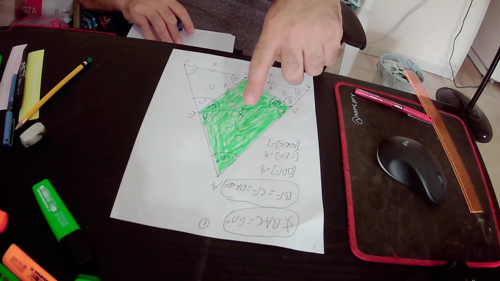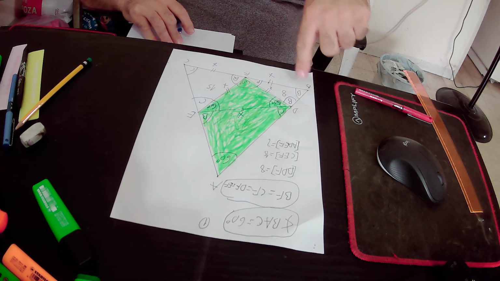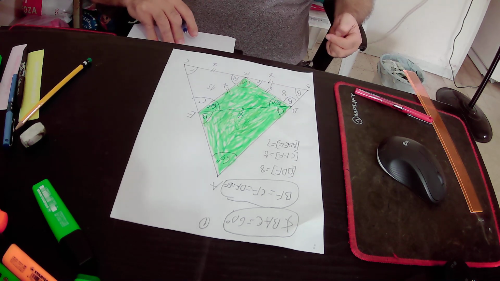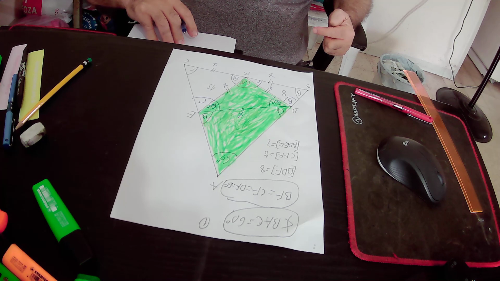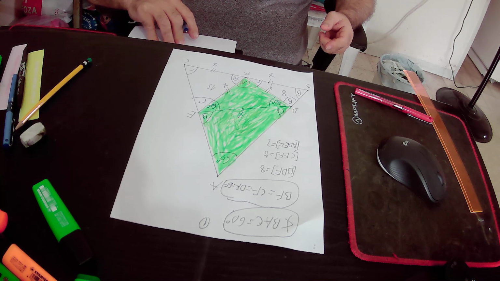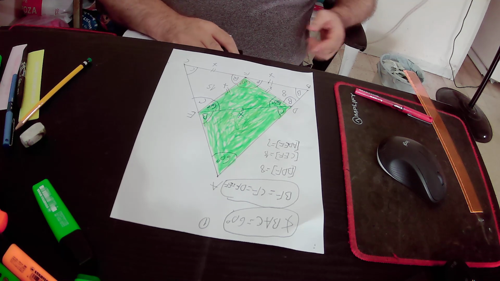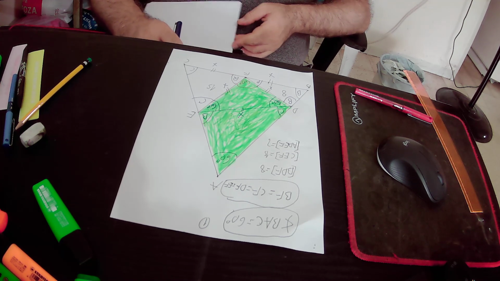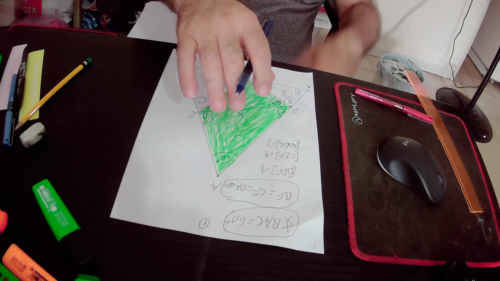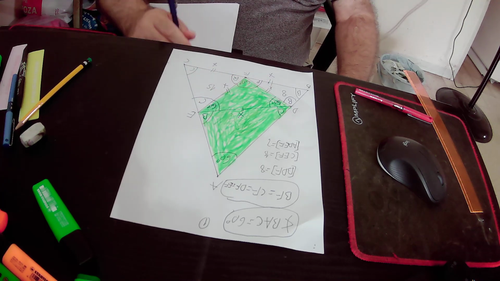Triangle ABC also has one angle that is 60 degrees, and angle B and angle C. So we can write down that triangle AED is similar to triangle ABC. Okay, so we will prove it now. We'll prove that triangle AED is similar to triangle ABC.